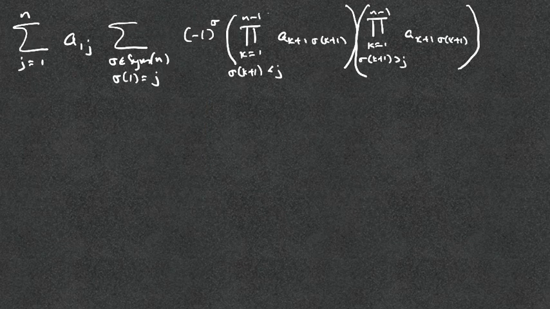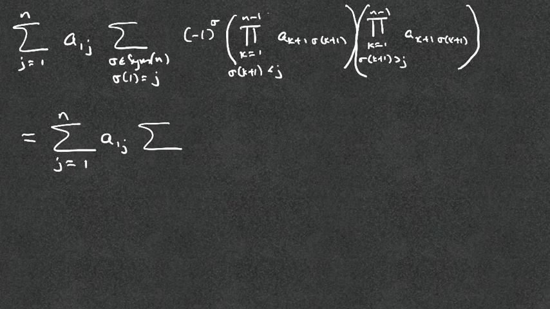And so we can write this in terms of our new embedded submatrix, our b's. So we still have our j going from 1 up to n, a sub 1j. Then we've got our sum, sigma again still in our symmetric group on n elements, with sigma of 1 being j. We have our minus 1 to the sigma.